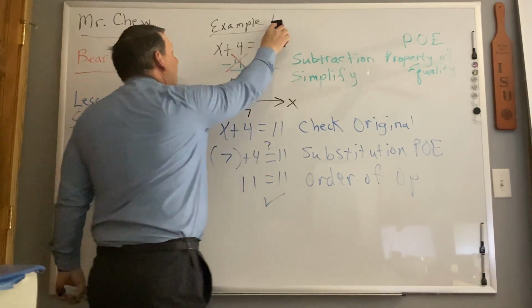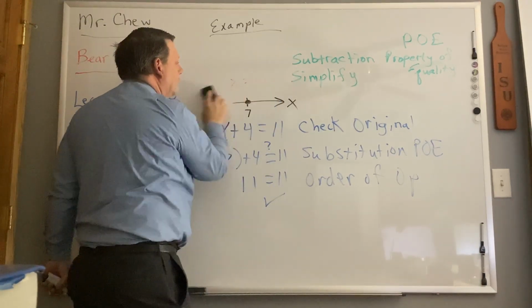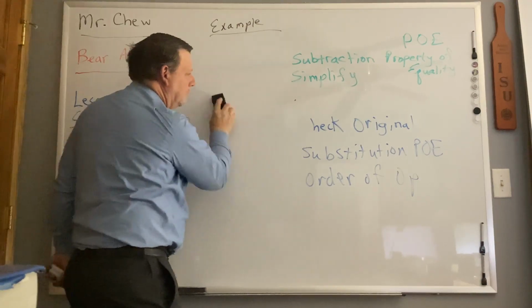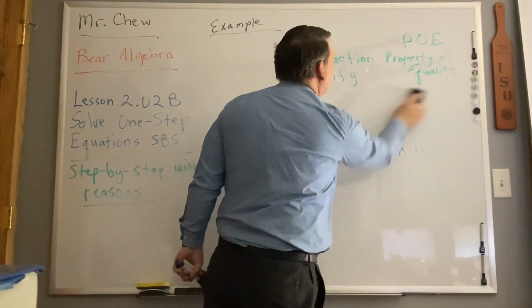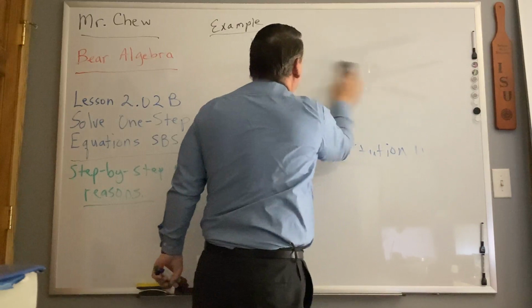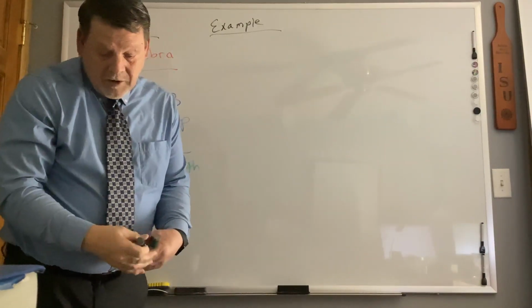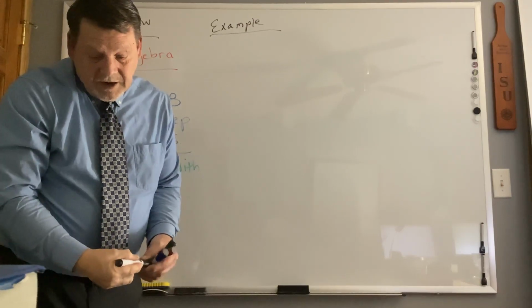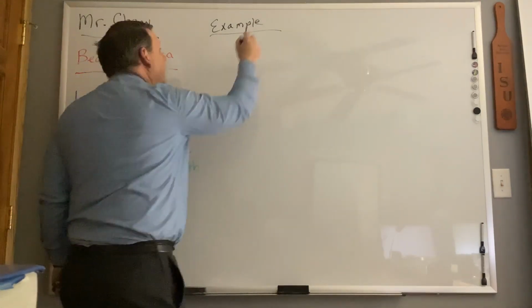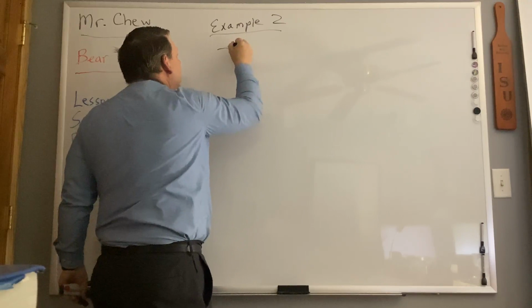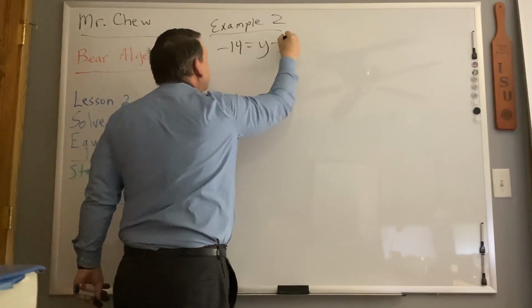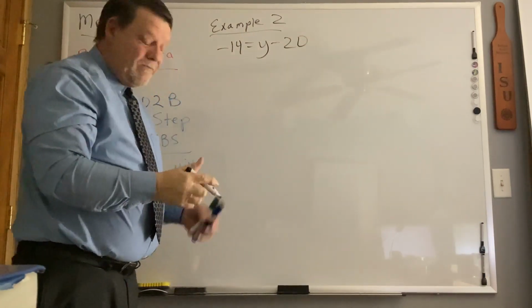Now we go to example 2. In example 2, we should be able to speed up because it should make a little more sense. Negative 14 equals y minus 20. Well, what's happening to my variable?